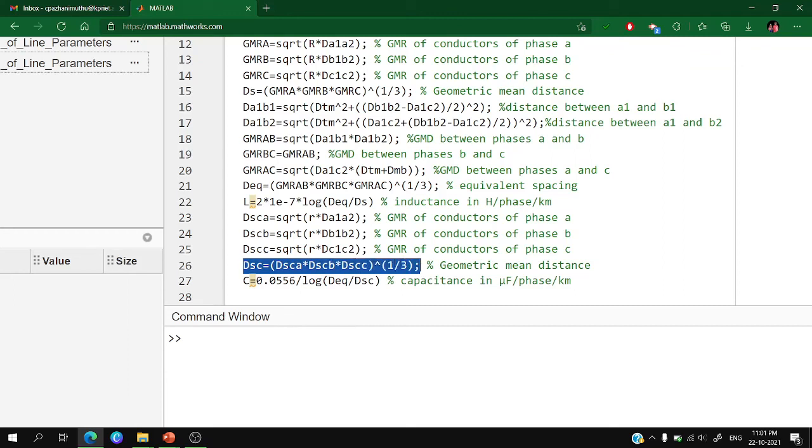After that we have to assign the values Ds and D equivalent in this formula. Already we have seen the formula for the capacitance calculation. We have to apply that.